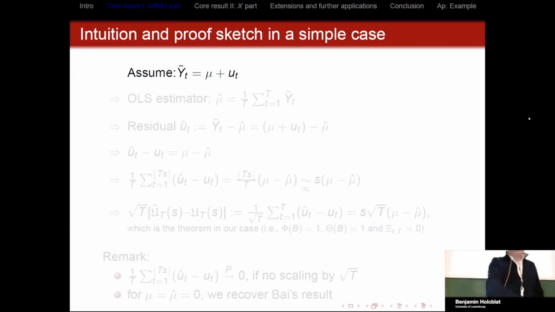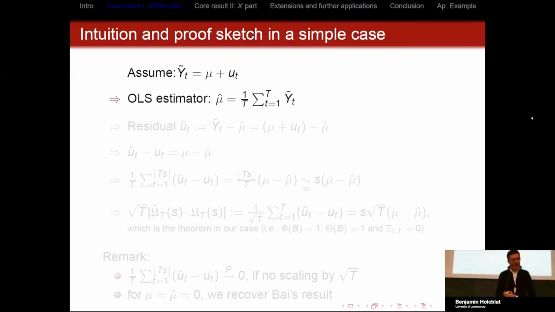And the simplest model I know is just that you say that your random variable is a constant plus an error term. Then we know, from basic stats or basic econometrics, that the OLS estimator of mu is just the average. Once we have this estimator mu hat, the residual is very simple.